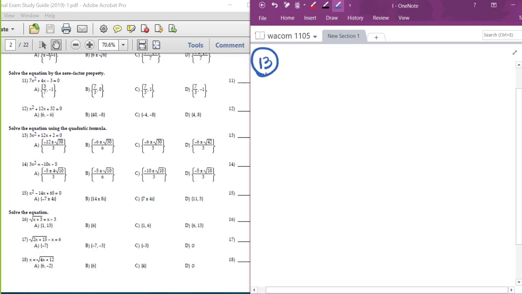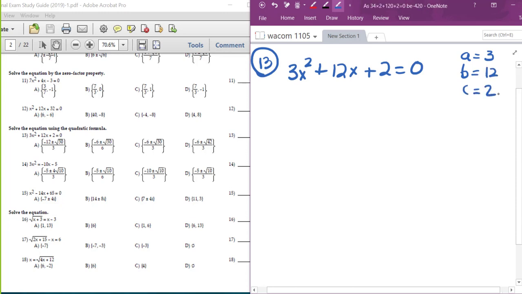So you need to make sure you know the quadratic formula. We're in standard form. If you were not, go to standard form. And so my A is 3, my B is 12, and my C is 2.